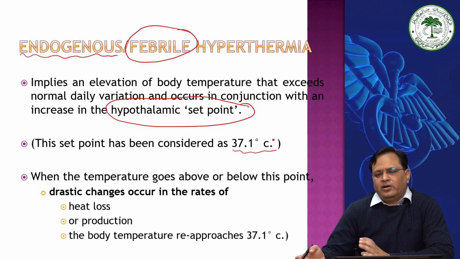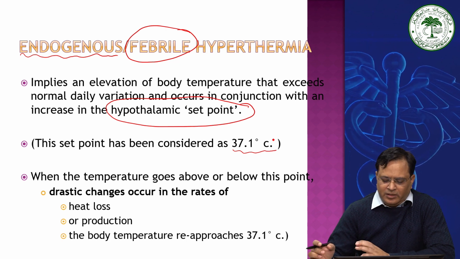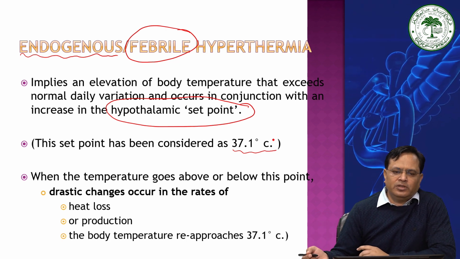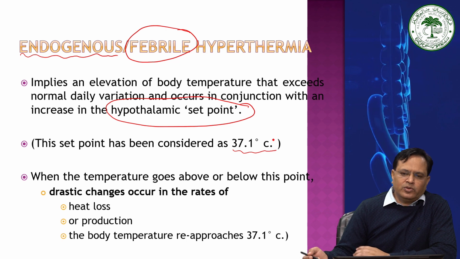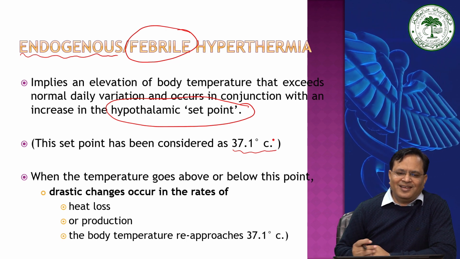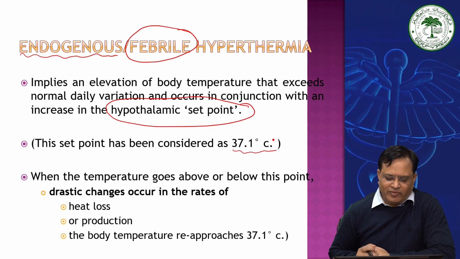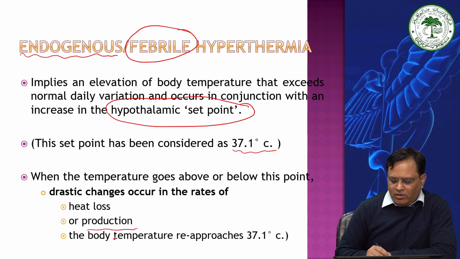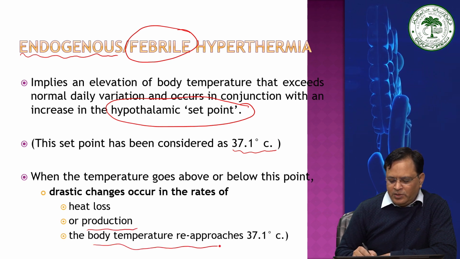Anything above it or below it is considered hyperthermia or hypothermia. When the temperature goes above or below this point, drastic changes occur in the rates of heat loss or heat production, and body temperature returns toward the set point.